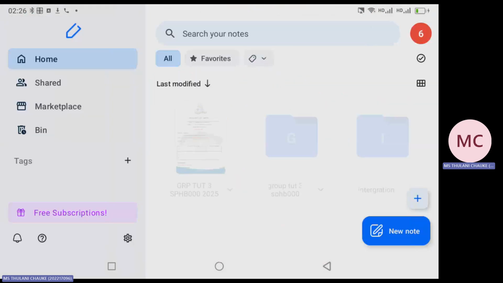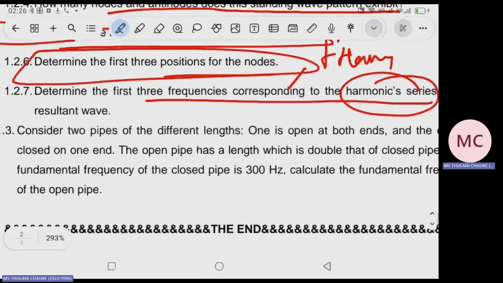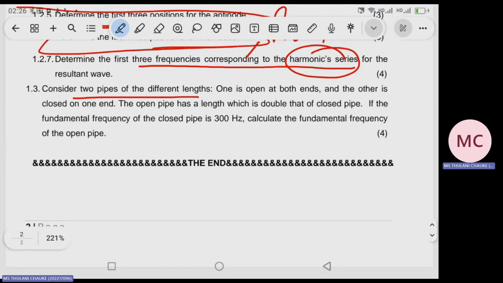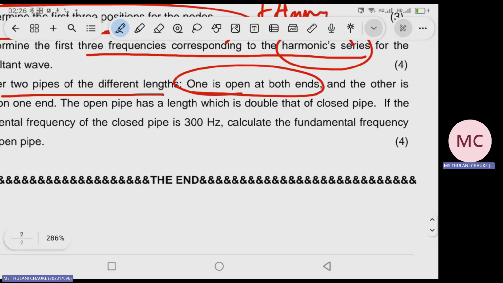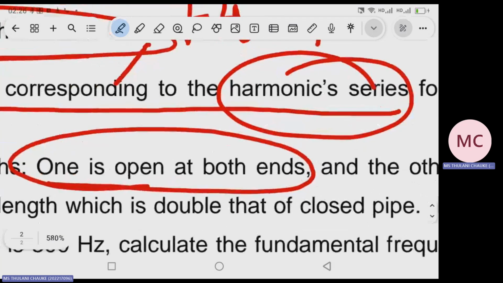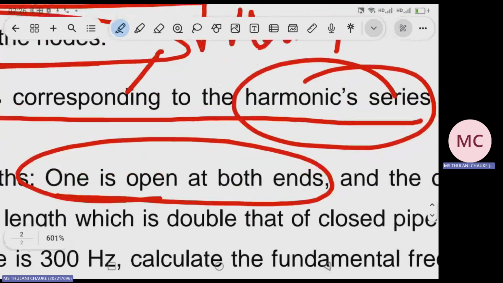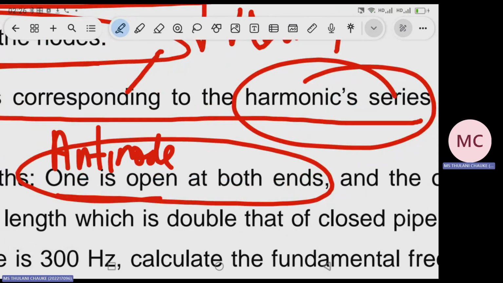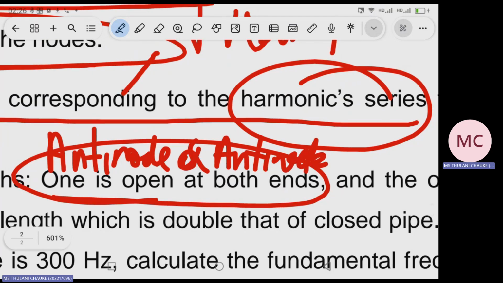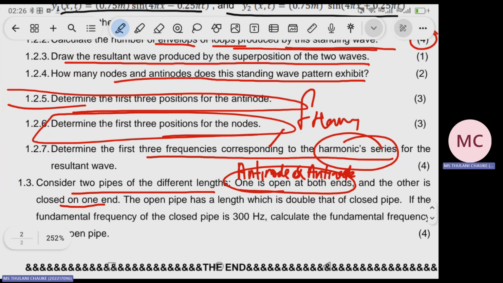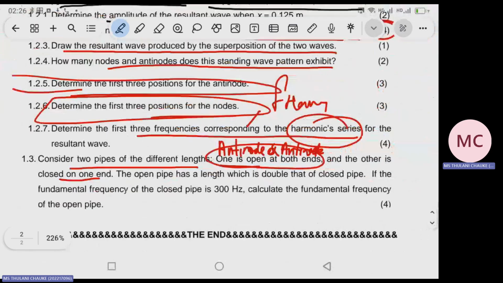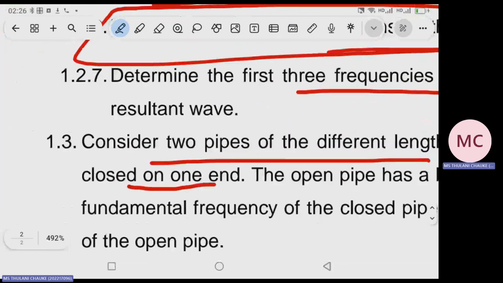They were saying consider two pipes of different length. One is open at both ends, and the other one is open only on one end. The one that is open at both ends has antinodes at both ends. The other one is closed on one end, so it has an antinode and a node.